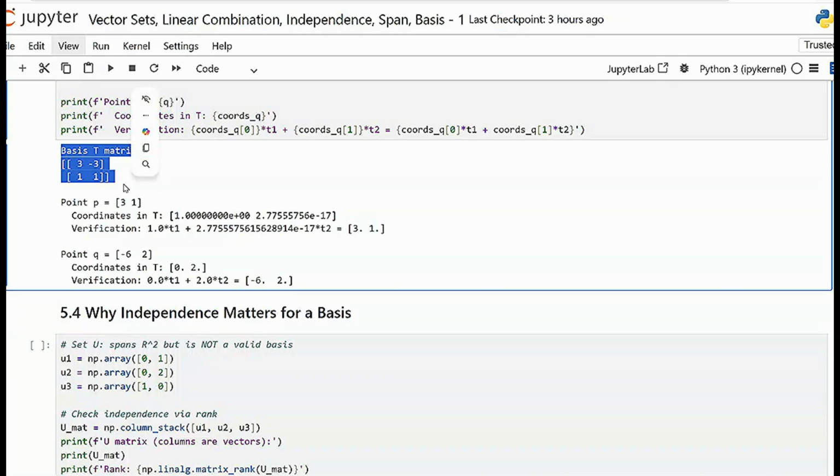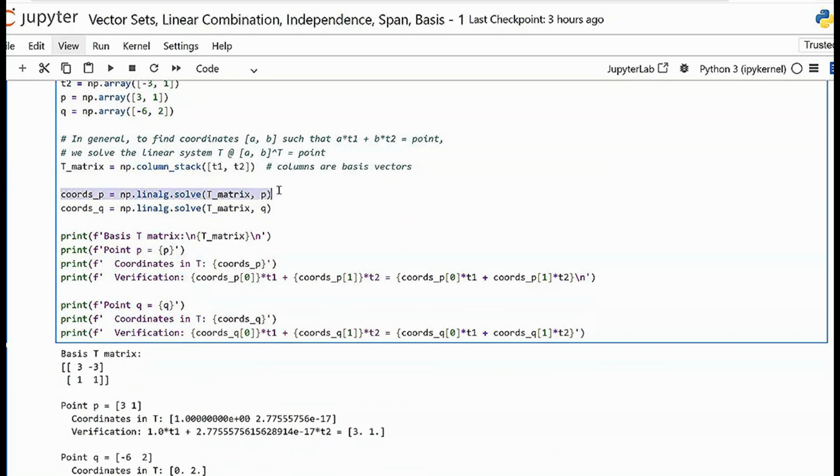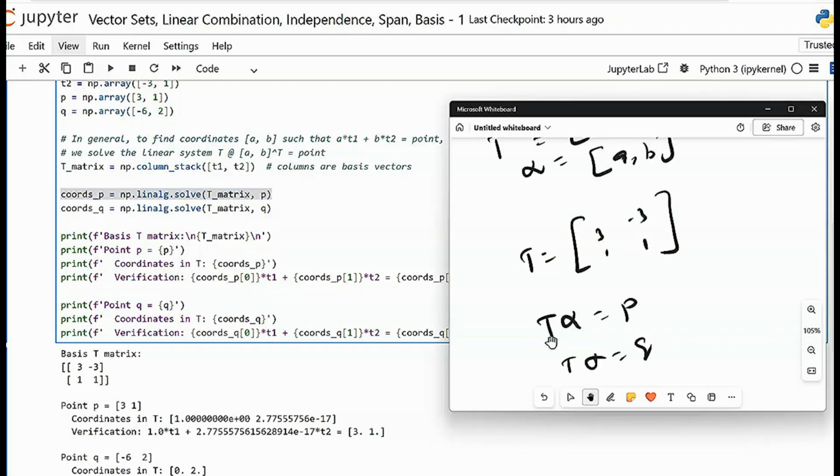We use NumPy linear algebra to solve this system. Kindly see here, T alpha is equal to P. Now how this is computed is alpha equals T inverse P. Coordinates are obtained by inverting the basis transformation. And kindly do the same thing for Q also.